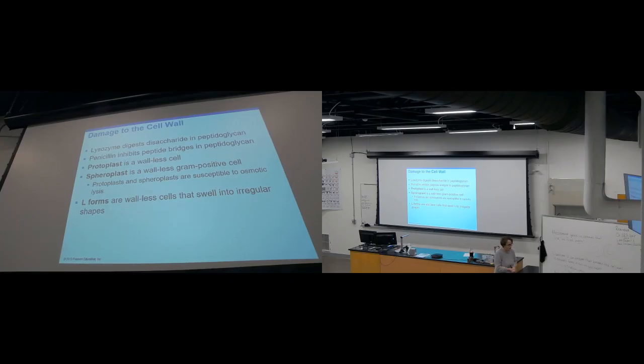Like if you put bacteria in a beaker with a solution that has a high concentration of solutes like sodium chloride, this is a hypertonic solution, where you have high salt content.